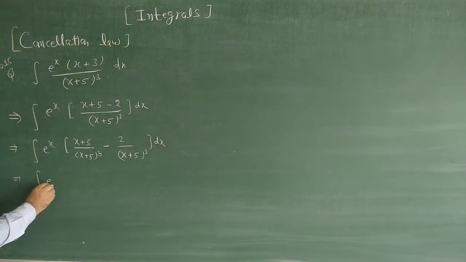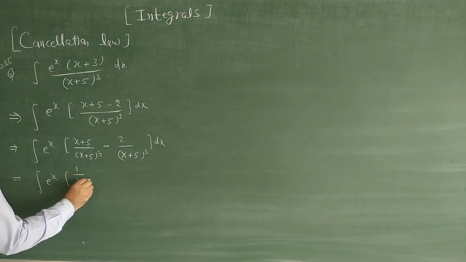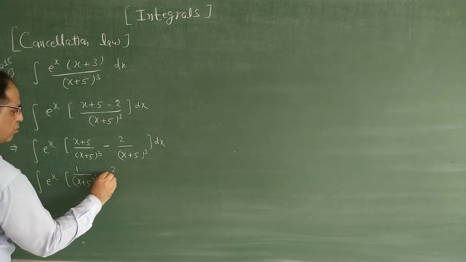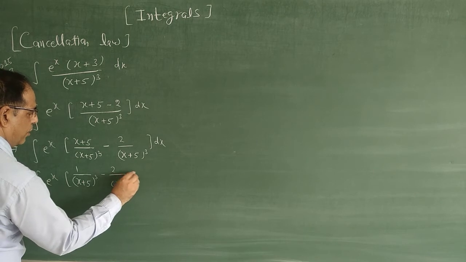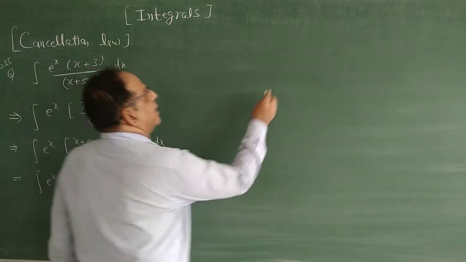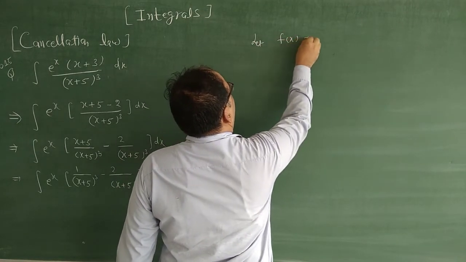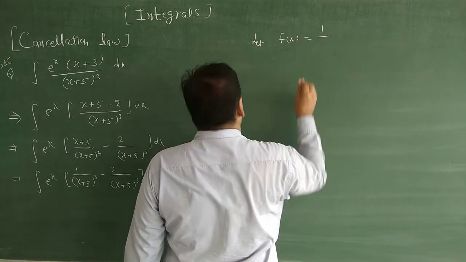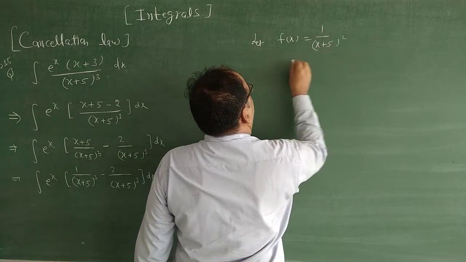Again this can be written as 1 upon (x plus 5) whole square minus 2 upon (x plus 5) whole cube dx.